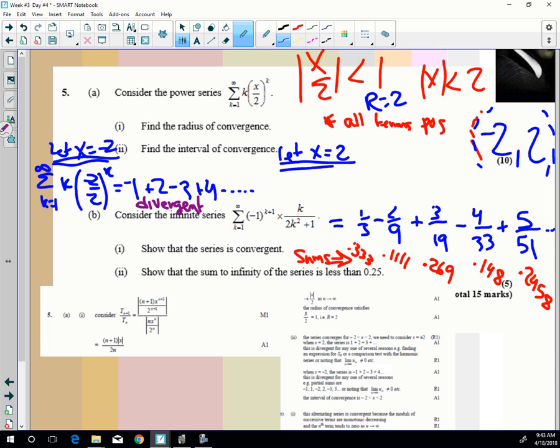Now the sum as k goes from 1 to infinity of k times 2 over 2 to the k. Well, that's just 1 to the k, so this is just going to be 1 plus 2 plus 3 plus ... And what does that do?